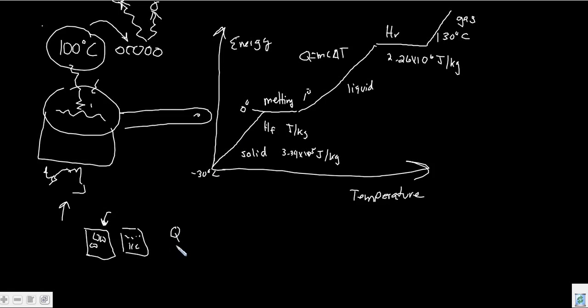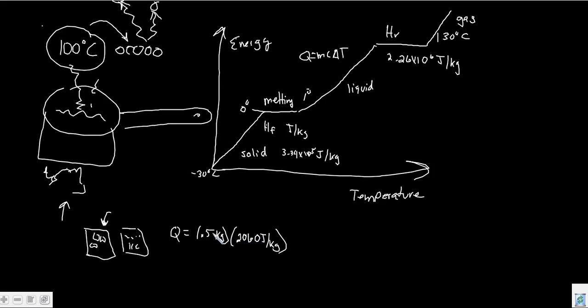So what's my total Q? What's my total amount of energy it's going to take to get my water from -30 to 130? Well, first of all, we have to do this leg right here. So we have our Q equals mcΔT. We have our mass, which we just said was 0.5 kilograms, times our specific heat of ice, which is going to be 2,060 joules per kilogram.